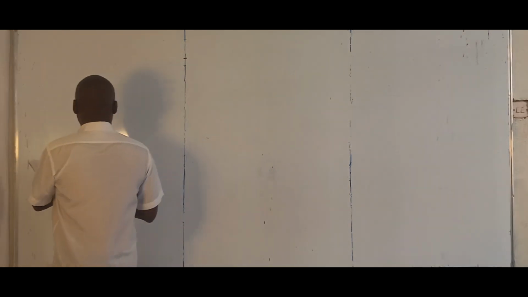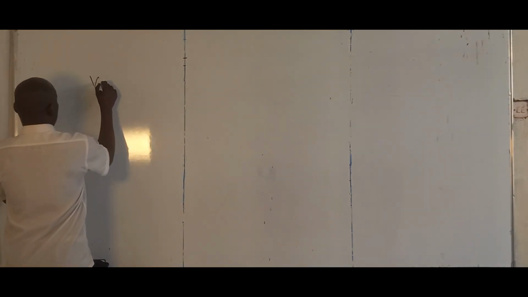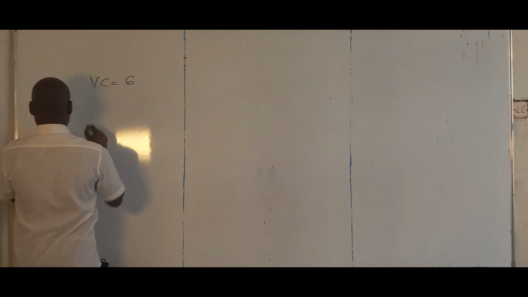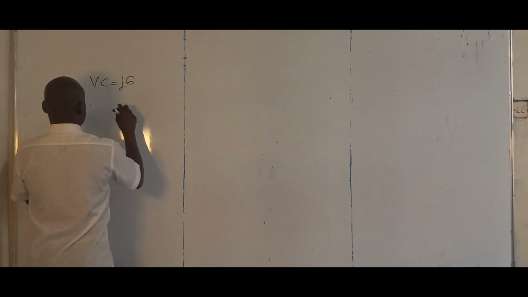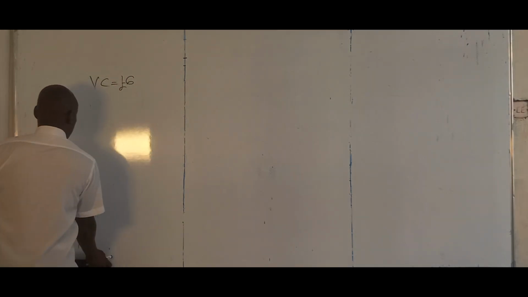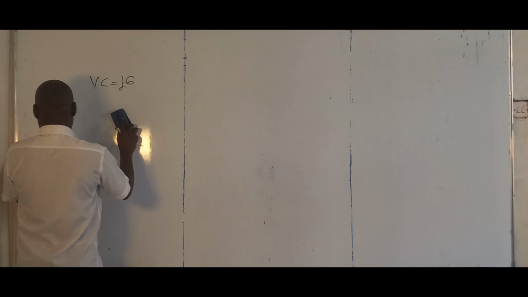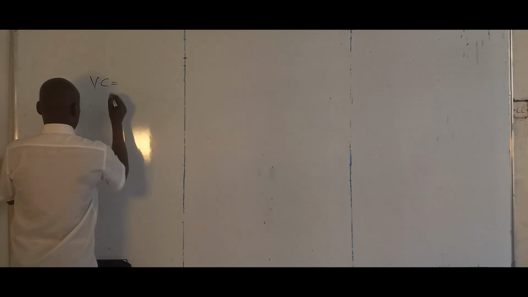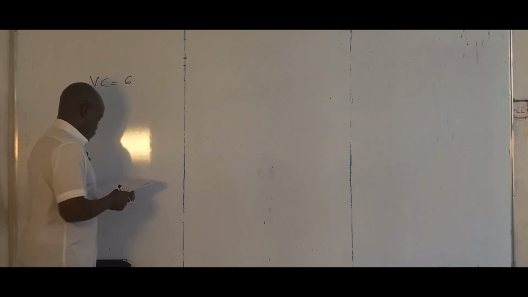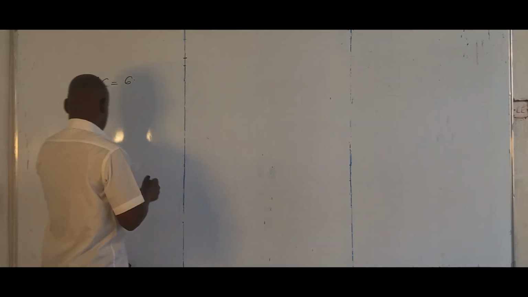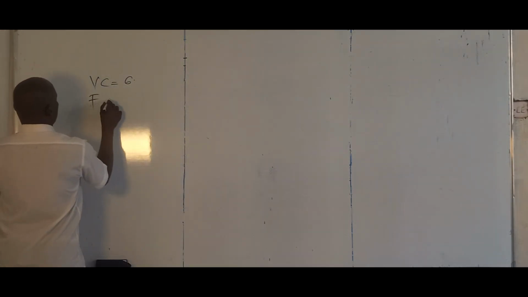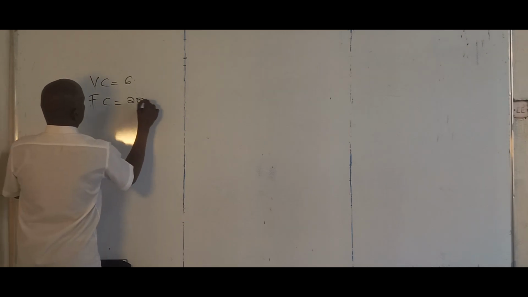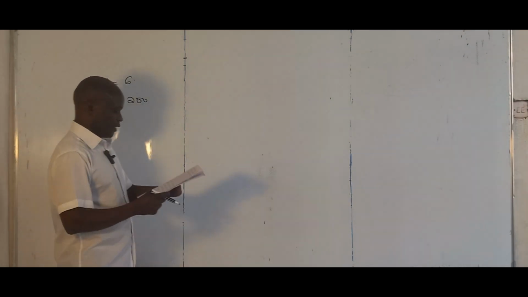Then we are told that variable costs are constant at 6 per unit produced. Fixed costs are $200.